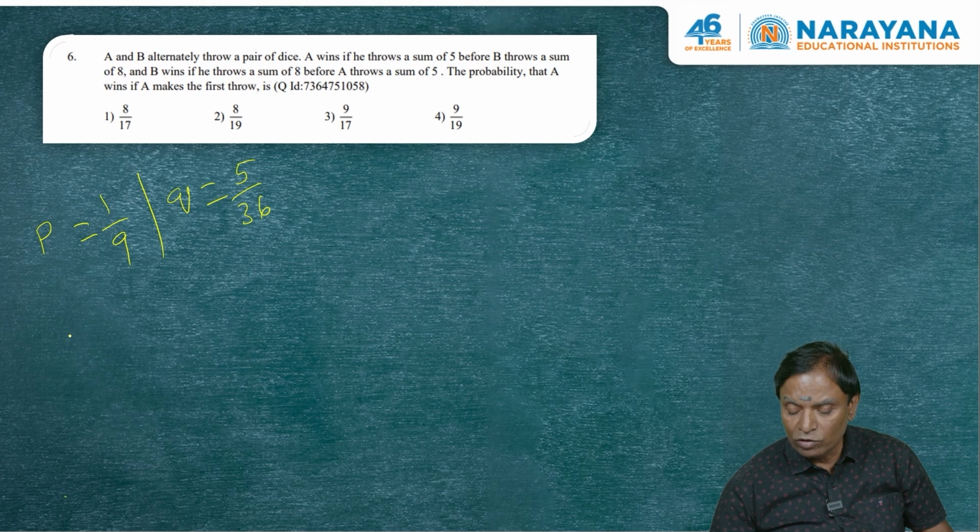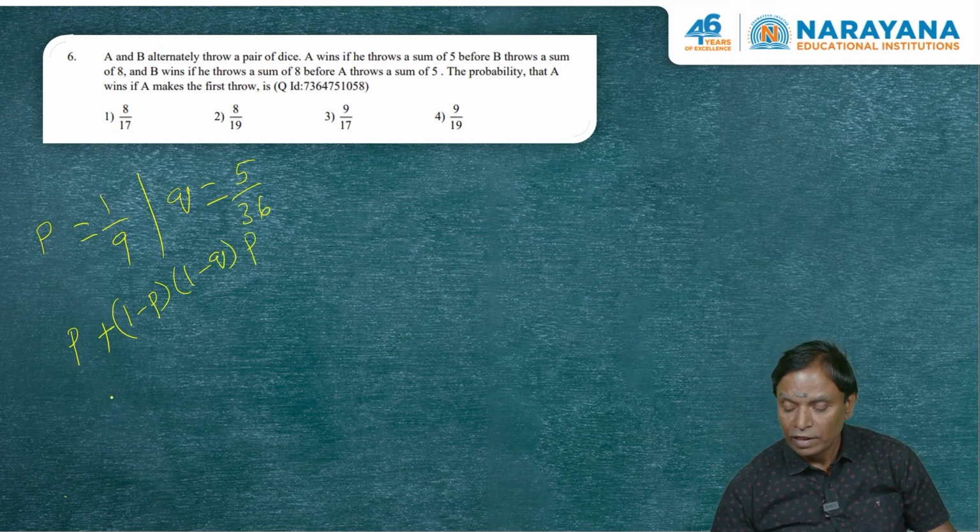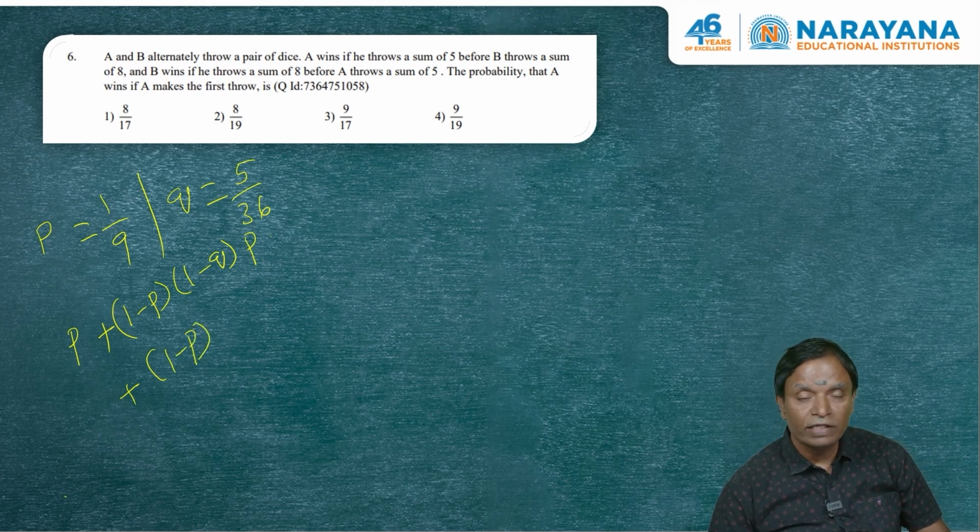In the first throw, the chance of A winning the game is P. Or when it comes to the third throw, A should not win the first, B should not win the second, then in the third, A wins. In the fifth one, A should not win first, B should not win second, A should not win third, B should not win fourth, then A wins the fifth, and so on.